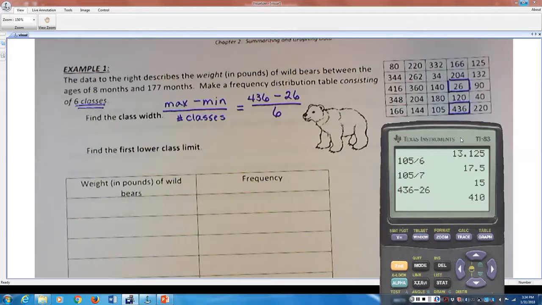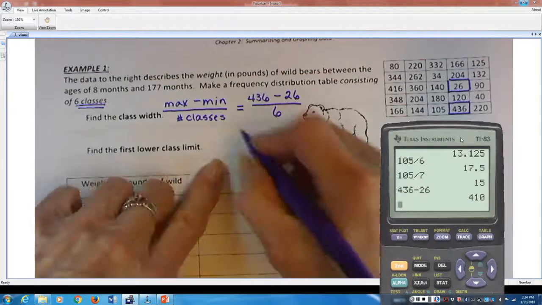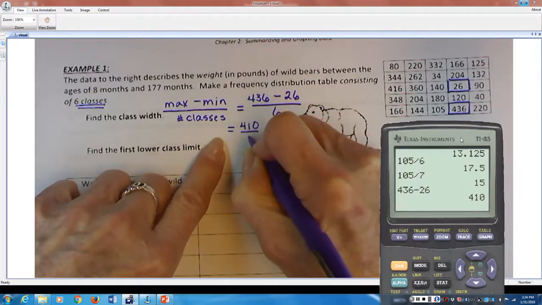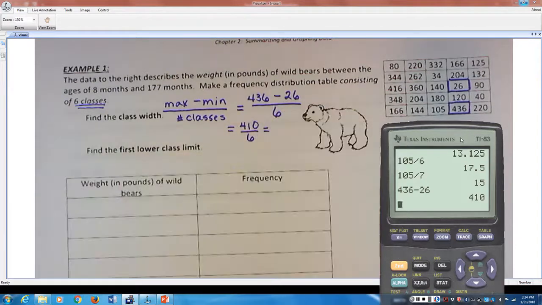So that's a difference of 410. Which I'm going to divide by 6 and get 68.3.